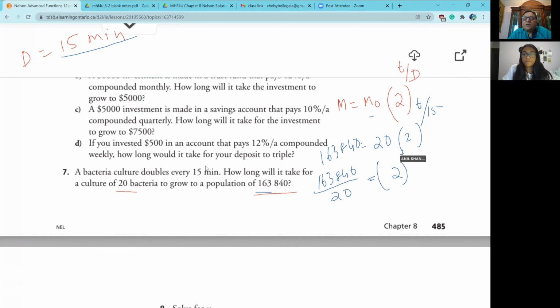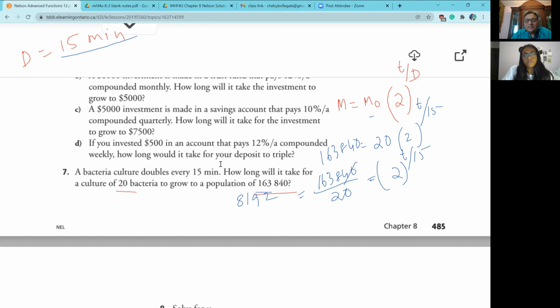How much do you get? 16384 divided by 2, right? 0, 0 cancel. So 8 and then 1. 18 goes 9 times and 2 times. So 8192 equals 2 to the power of t over 15.